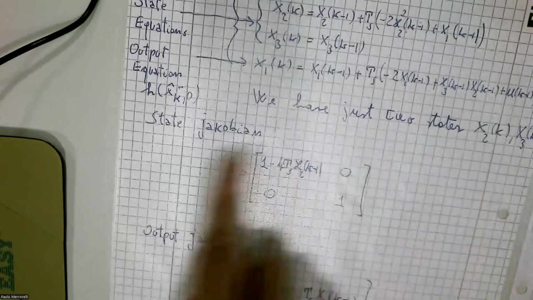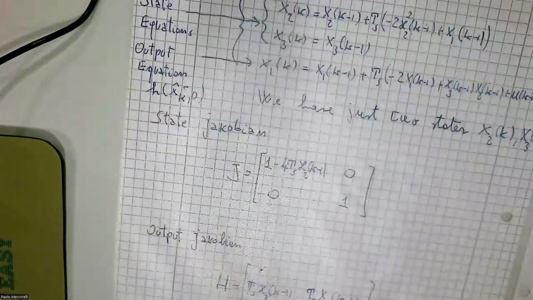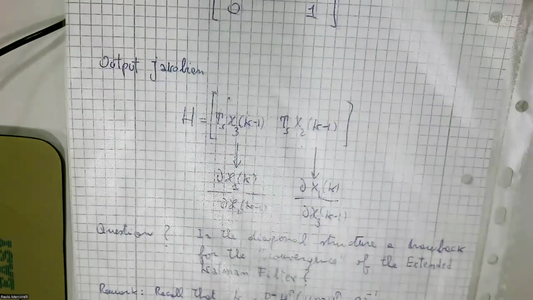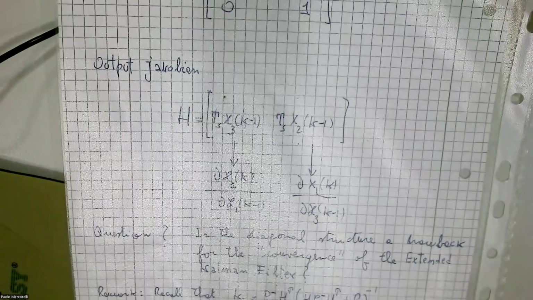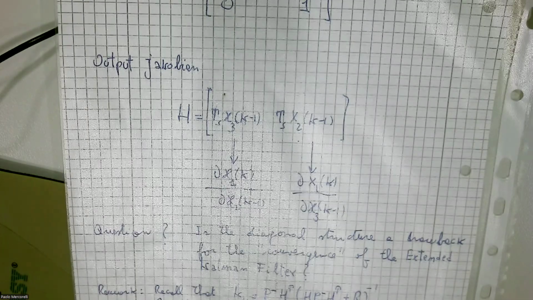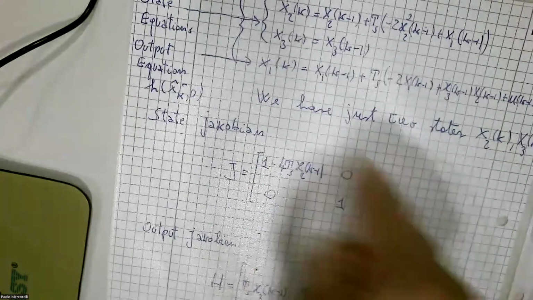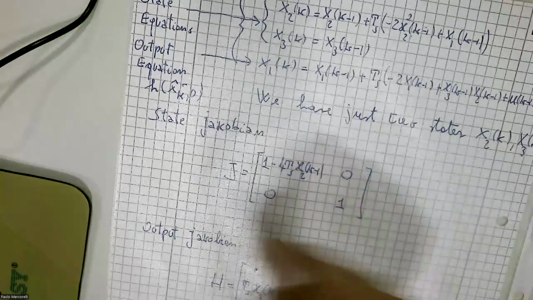If you remember, this J here plays a role in P minus. I don't know if you remember, because P minus is J multiply P of k minus 1, the a posteriori error covariance matrix, multiply J transpose plus Q.